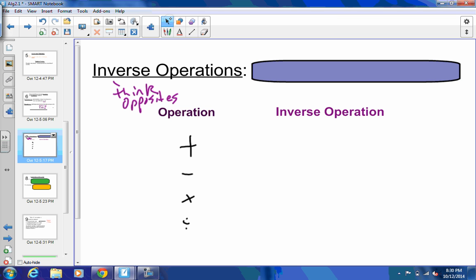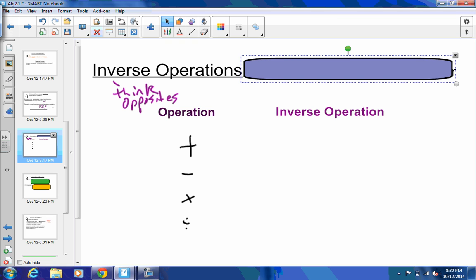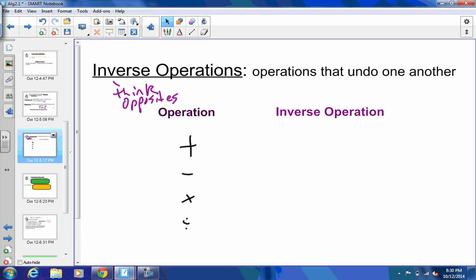And really, the inverse operations are just things that simply undo one another or are the opposites. So if you think of addition, something that can undo adding 5 would be subtracting 5. So the inverse operation there would be subtraction. And going backwards, the inverse operation of subtraction would be addition because they undo each other.